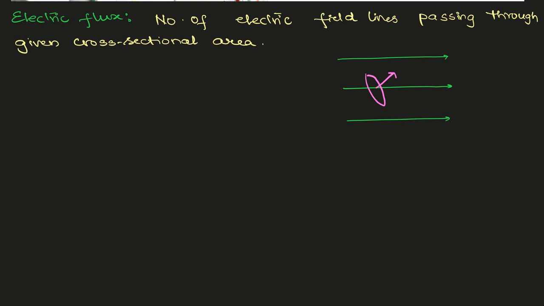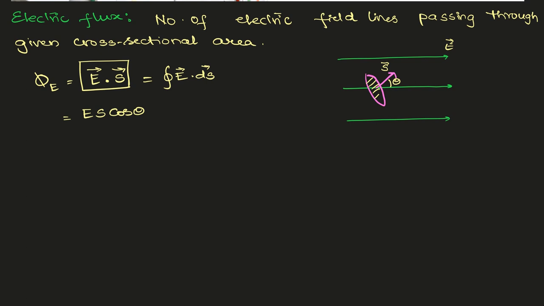The area vector I will represent with S and the electric field vector with E. The angle between them is theta, and the electric flux is given as E bar dot S bar, or for any small infinitesimal areas it will be the integration of E bar dot dS bar, or we can write it as E S cos theta. We will have some questions based on this dot product as well.